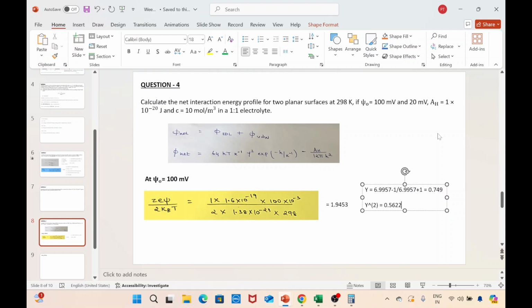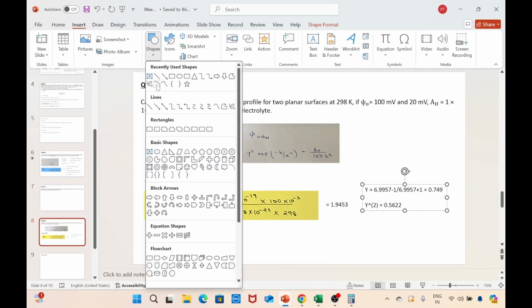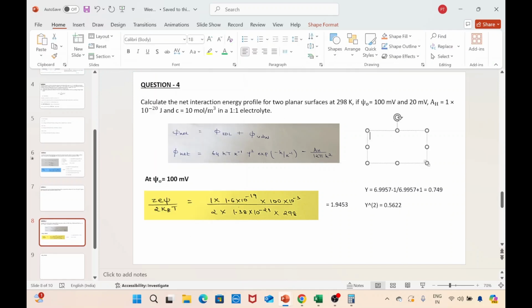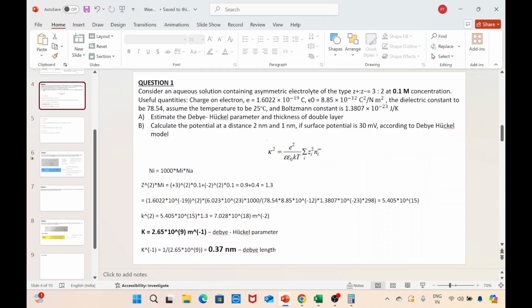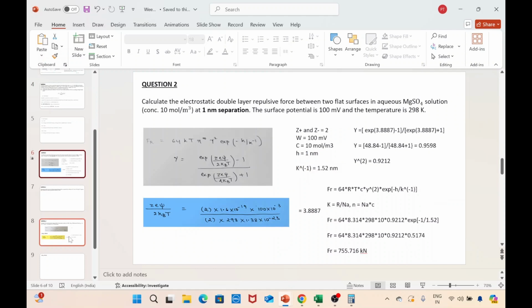Now once you get your value of gamma, we need to find kappa inverse. First we need to find kappa square. You first find the value of this summation, then multiply by this factor, that will be kappa square. Then you take the square root to get kappa, and from there you get kappa inverse.